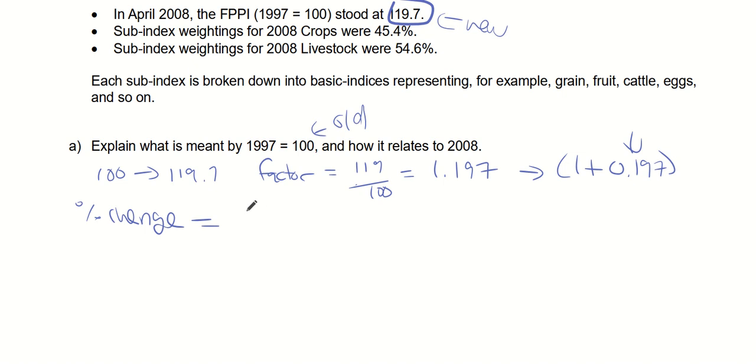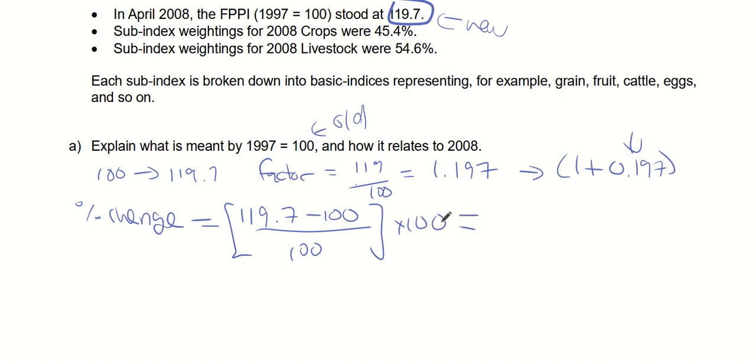If you do the calculation, which is 119.7 minus 100 divided by 100 times 100, you will find that the value is going to be 19.7%, which is sort of the same thing as that there. So you can see that percent change right there.